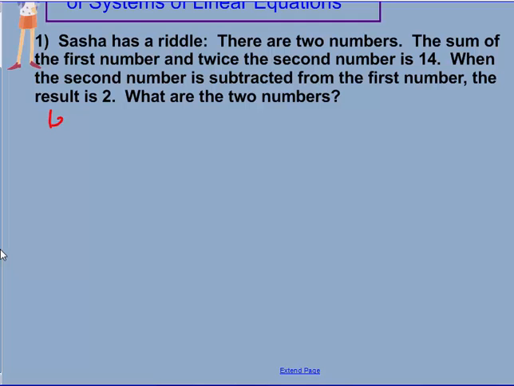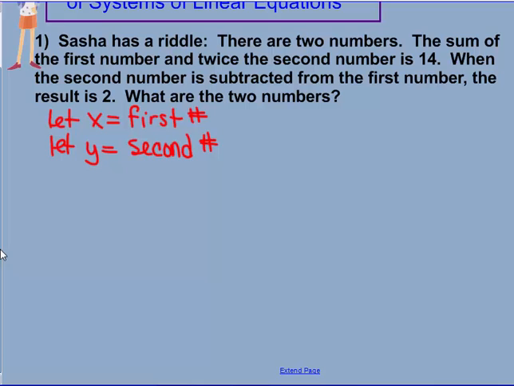So I'm going to write two let statements. Let x equal the first number, and let y equal the second number. So two unknowns. Sasha has a riddle. There are two numbers.